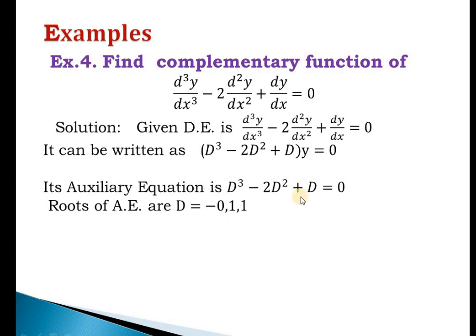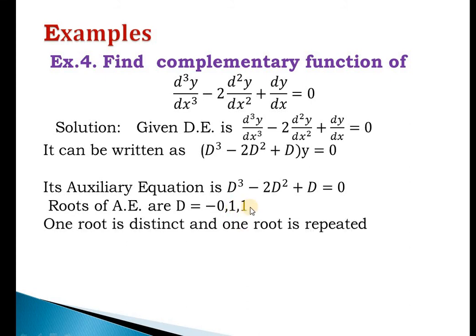If we take D outside, D is equal to 0 is one root, and the other factor is D square minus 2D plus 1, so D is equal to 1, D is equal to 1. One root occurs one time, that means it is distinct, and one root is repeated. So it is a combination of real repeated and real distinct roots.